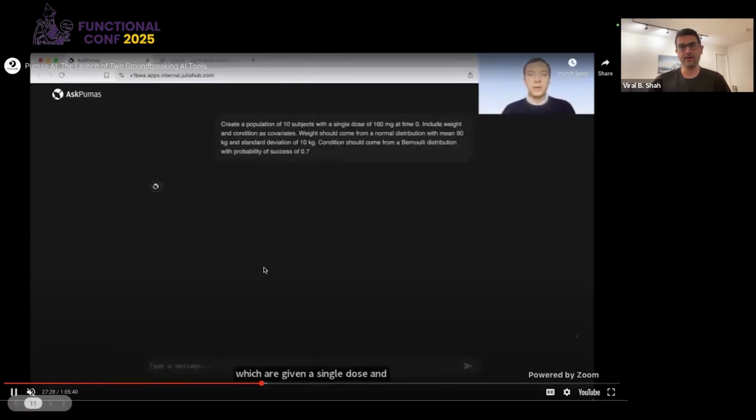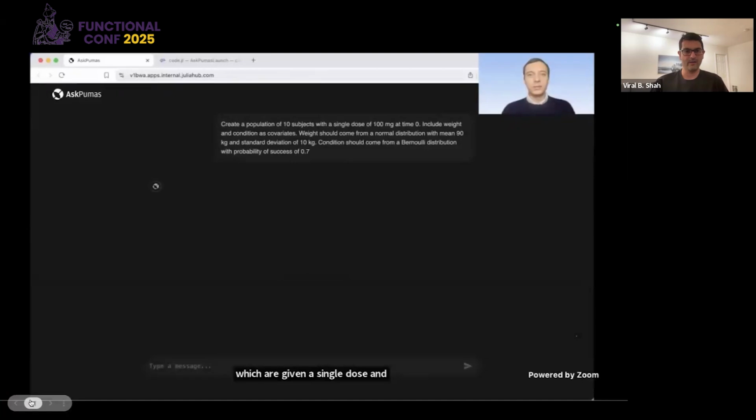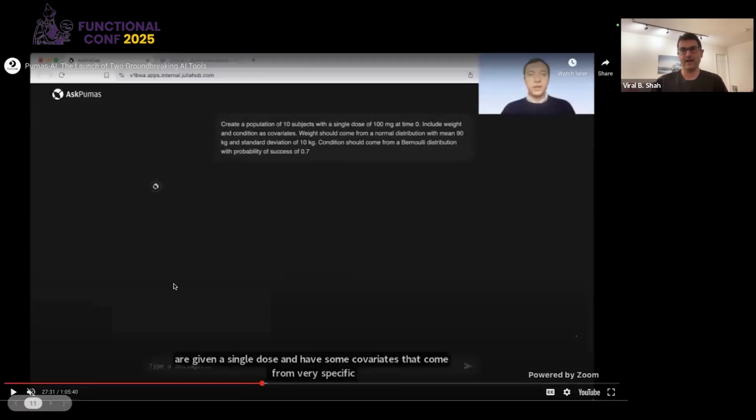This is your typical chatbot kind of interface, and we're saying create a population of 10 subjects with a single dose of 100 milligrams at time 0, include weight and covariates, which should come from a normal distribution with mean 90 kilos and standard deviation of 10. Conditions should come from a Bernoulli distribution with probability of success 0.7, right?